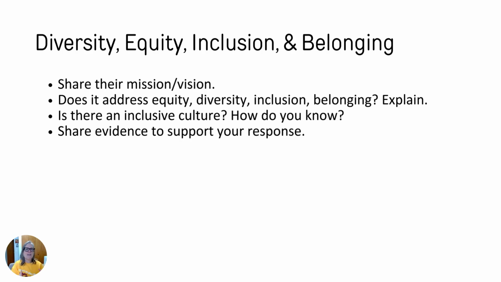Did you get a feel that maybe there was an inclusive culture in this school? For example, if there's photographs on the website, do the photographs include kids with disabilities, or is there a diverse representation of skin colors, and can you get a feel for how diverse and inclusive that particular school is?